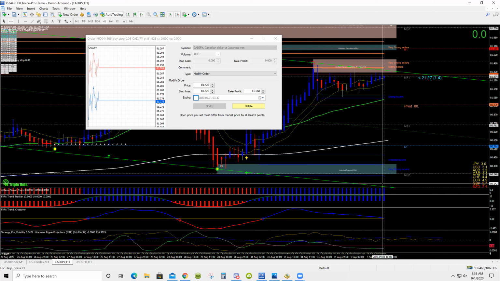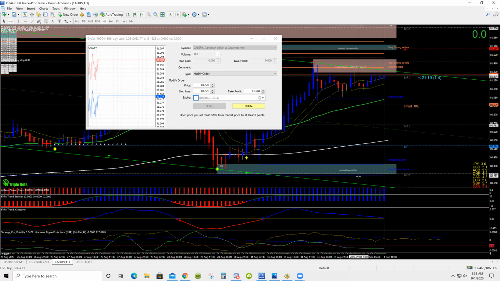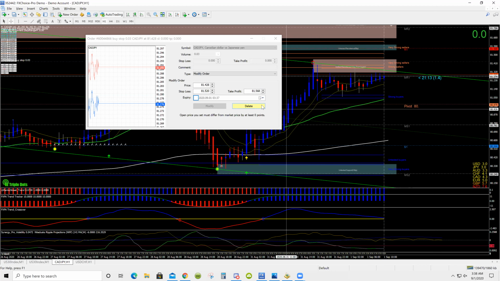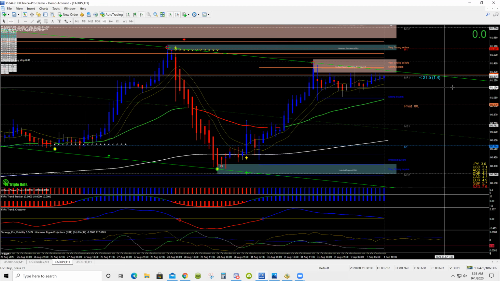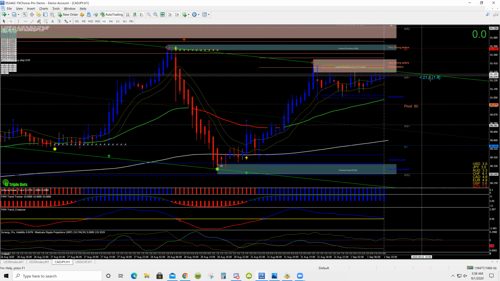Stop loss is 81.520, and we've got TP at 81.568. You guys can see that in the chat. Let me know if you can see it. If you're writing it down, this is good. It's CAD JPY 81.428. You guys are there?